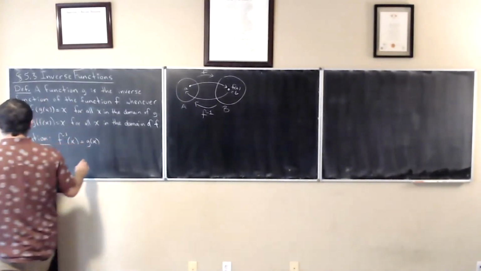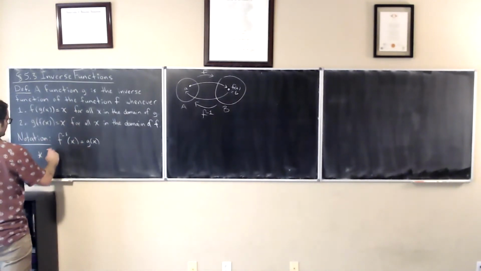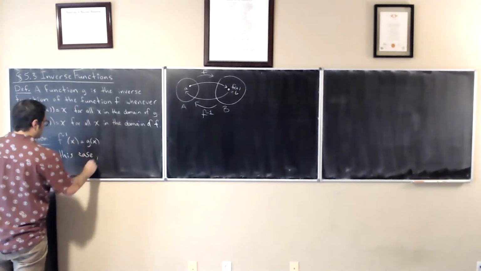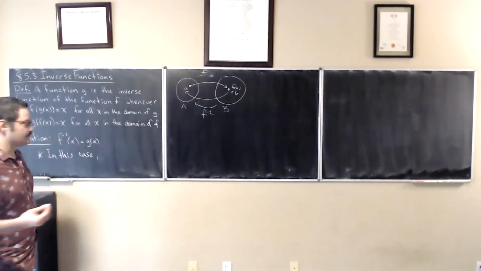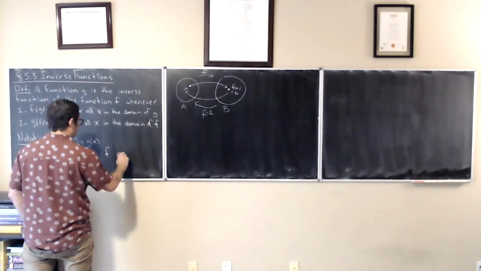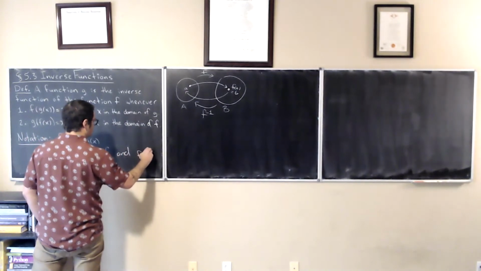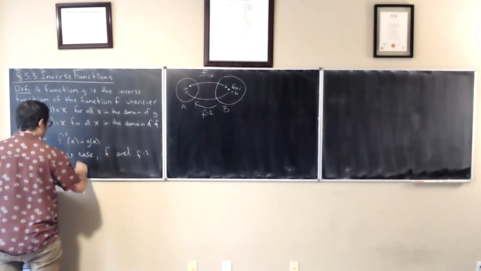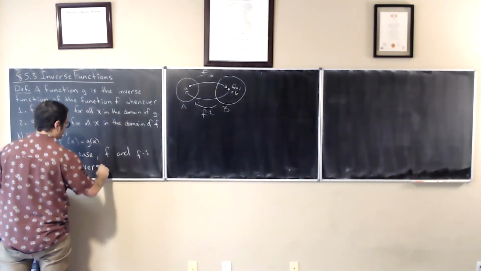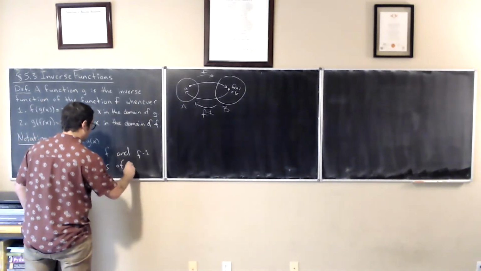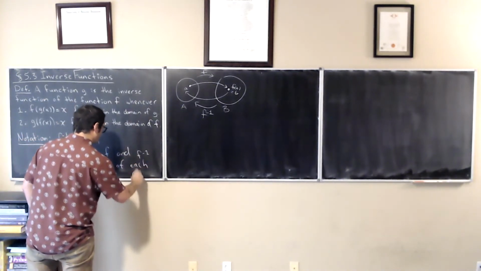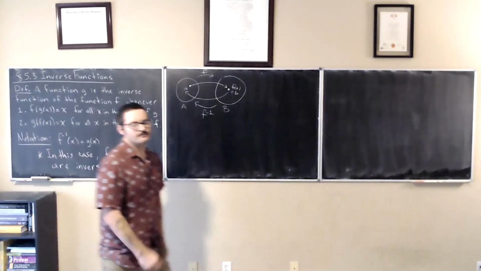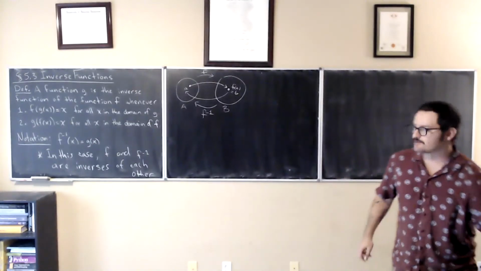Now it should be clear that f and f inverse are inverses of each other. So in particular, if g is the inverse of f, then f is the inverse of g as well.